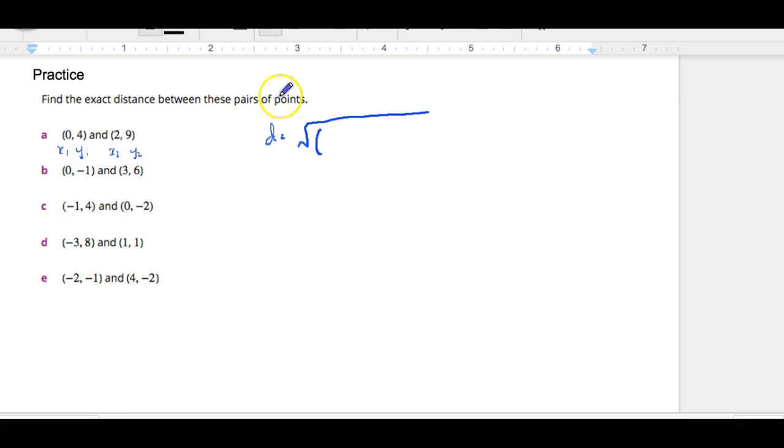I'm just going to check. I think it is x2 first. It doesn't really matter if I did x2 or x1 first, as long as we're consistent. And it doesn't matter if you did y here and x here, because we're adding them together.